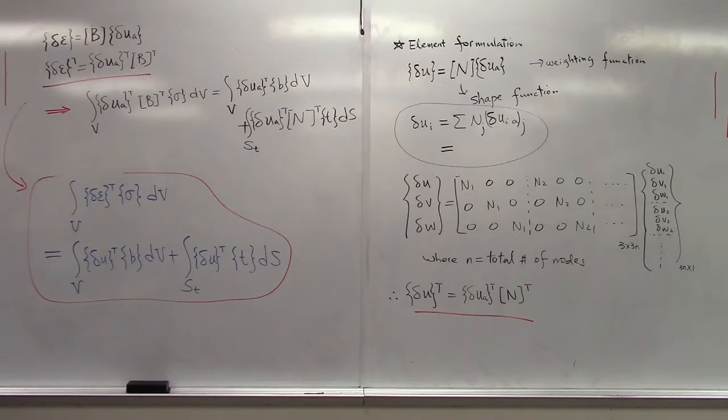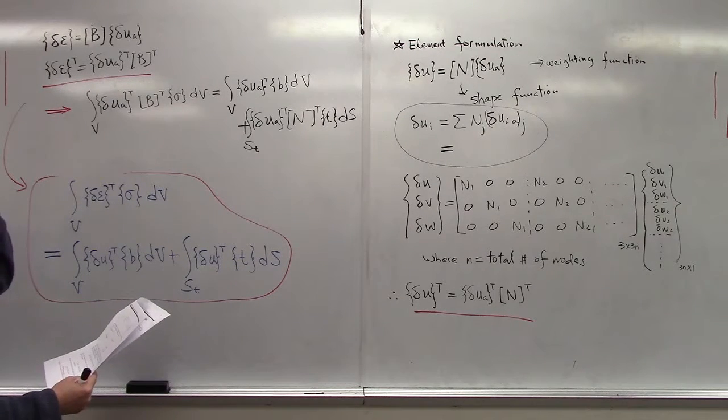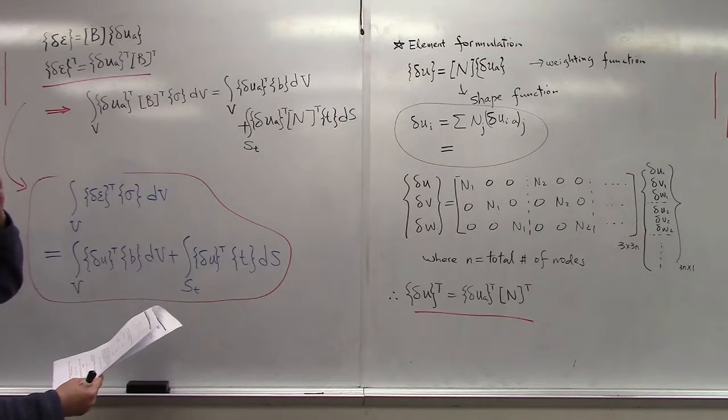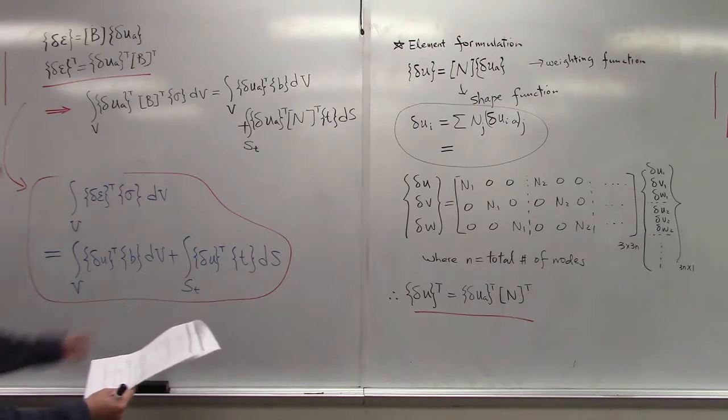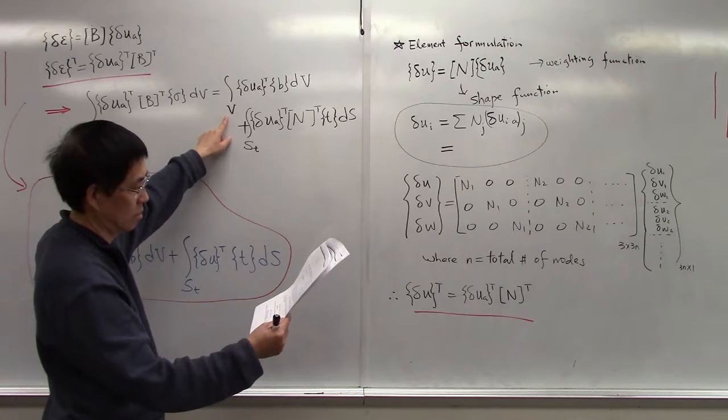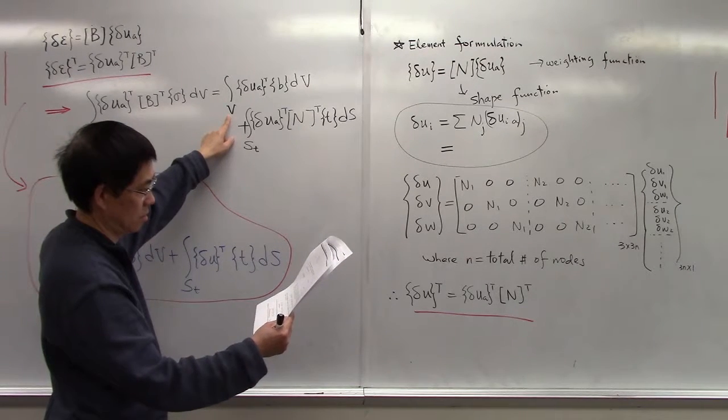Okay? In the notes, the second term has an N transpose between the delta U sub A and the body force vector. In the notes, which one? Equation 8-9? Yeah, 8-9. The second term you have on the board there. The notes have an N transpose matrix in between the delta U sub A and the body force vector.